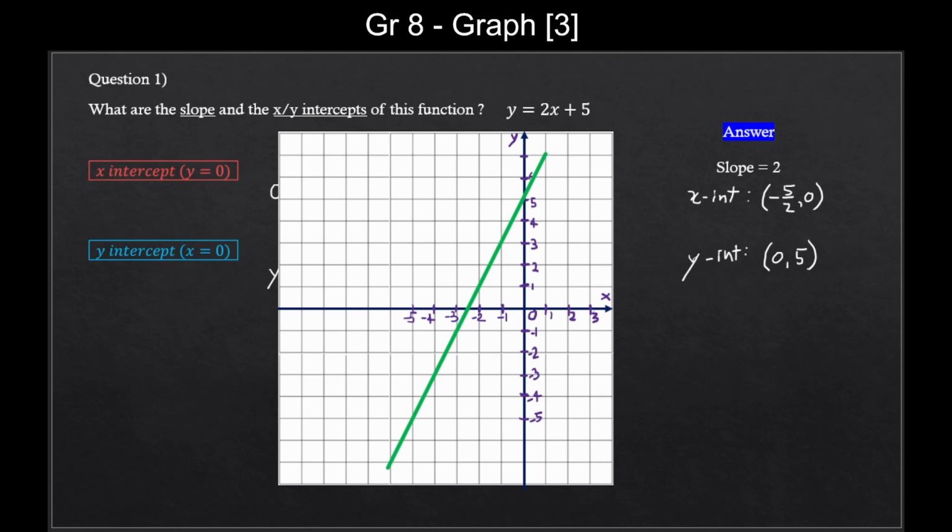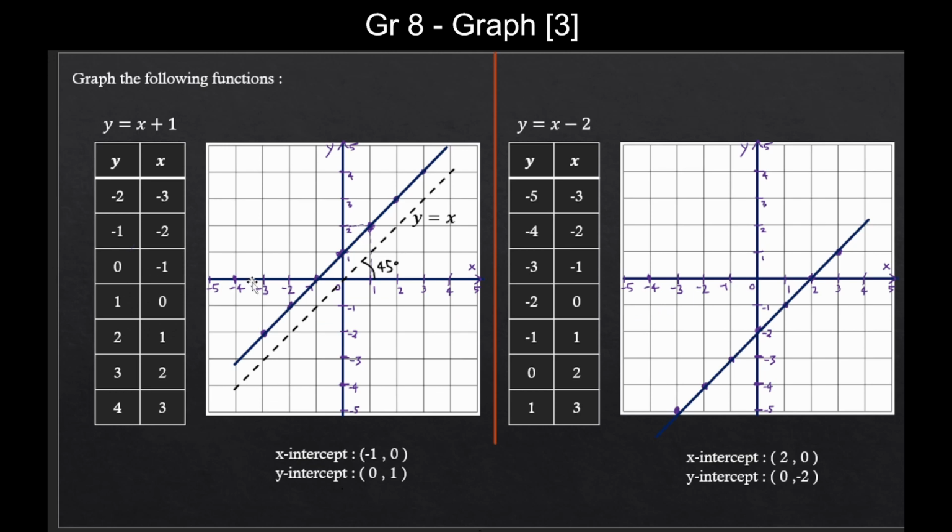One last very important lesson here. Before, we saw that when we had y equals x plus 1, the line looked like it moved 1 up from the y equals x line. So because of that, we had the y-intercept at 1, right?